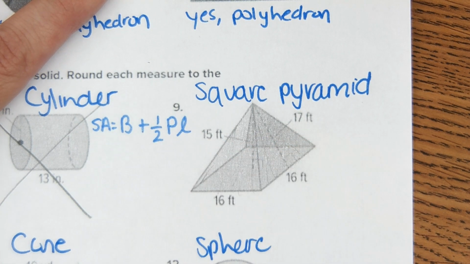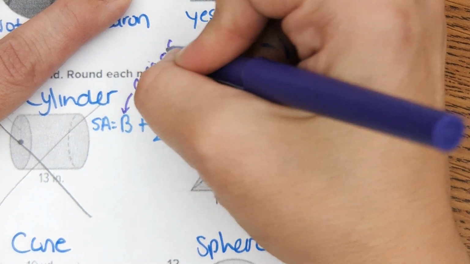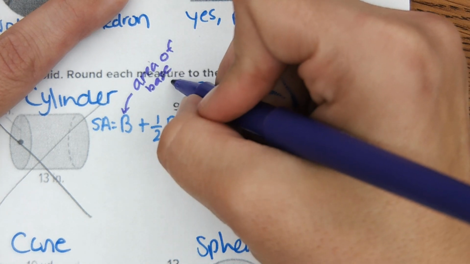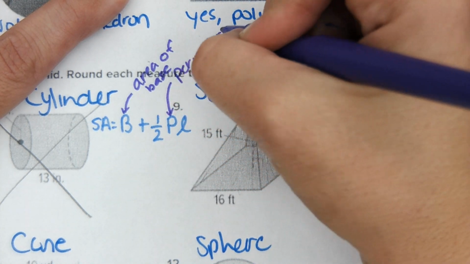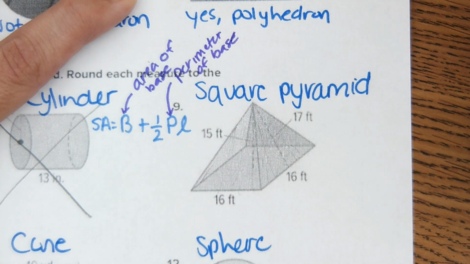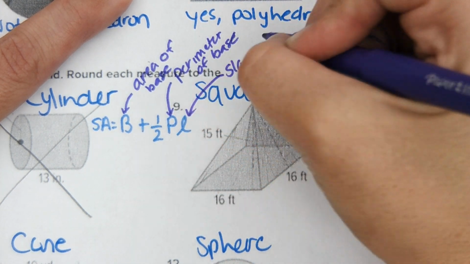Okay, so these letters here, I'll grab a different color. Capital B, area of base, P, perimeter of base, and L is slant height.